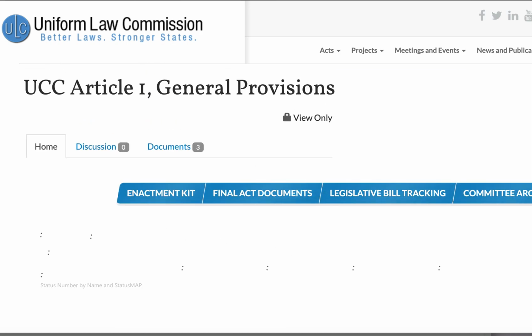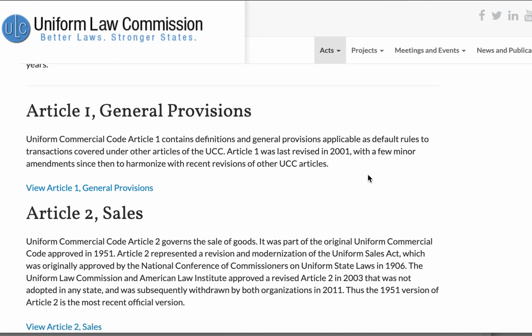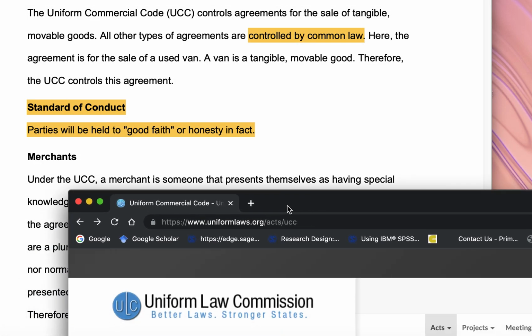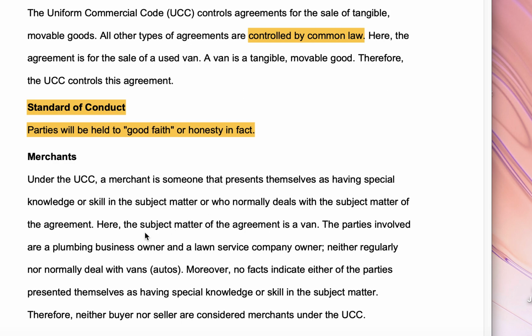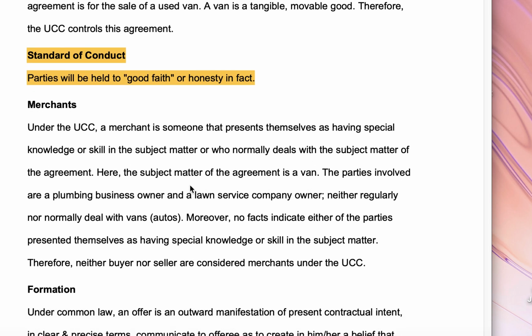Anyway, you can look it up, and it does say it's assumed that both parties act in good faith. So then you have the merchants. Under UCC, a merchant is someone who presents himself as having special knowledge or skill in the subject matter, or who normally deals with the subject matter of the agreement. Here, the subject matter of the agreement is a van.